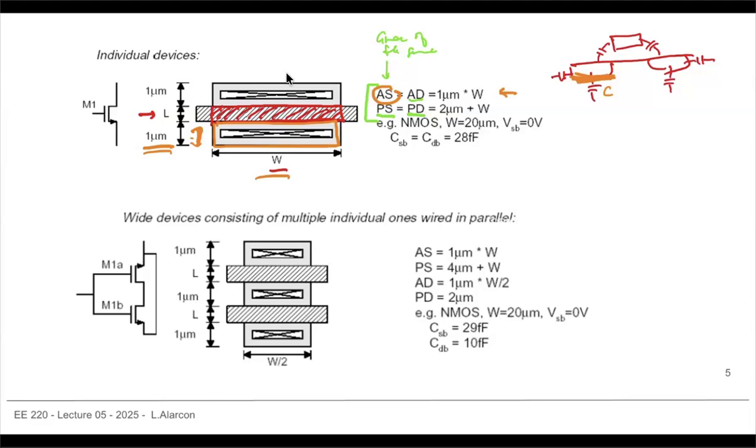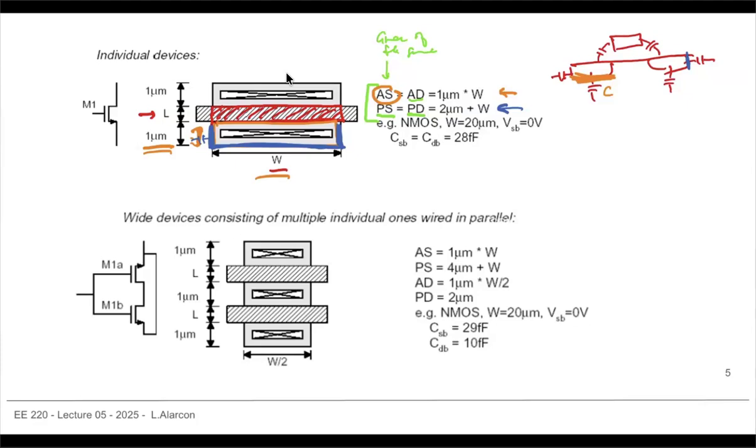However, like we said, there's going to be some capacitance on the side, and that's what your perimeter is going to be. Notice what's the perimeter of this. It's the perimeter here, because that also has some capacitance to the substrate, and it's going to be this side, and this side. So all three sides will be your perimeter of the source.